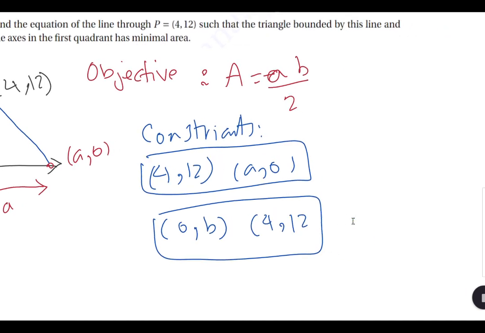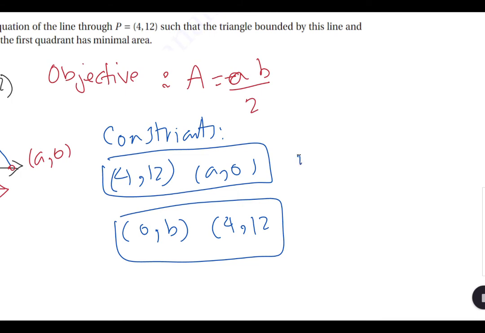Now, let's find the slope through this and through that. M is equal to 12 minus 0 over 4 minus A. The other way of writing the slope is B minus 12 divided by 0 minus 4, right?